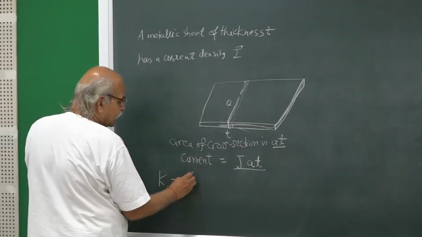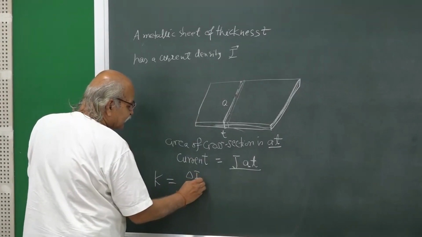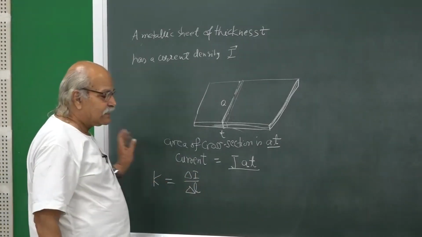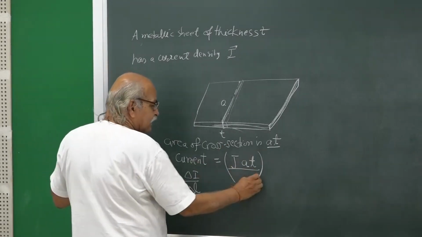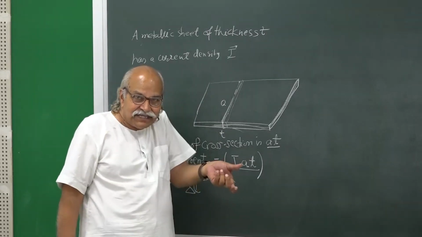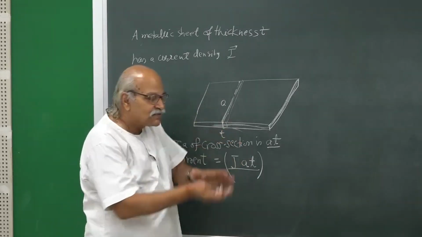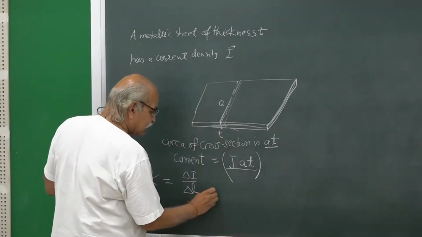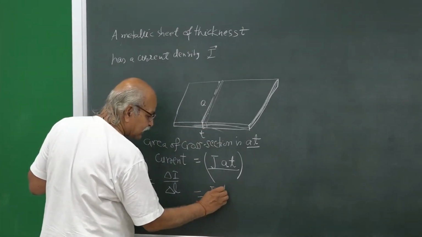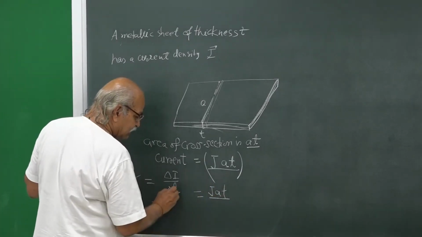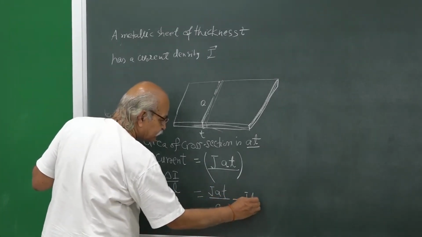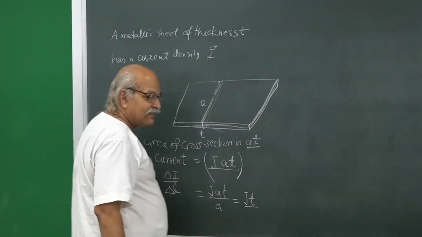K is the current which is crossing that length delta L. So that is the surface current, and this is the current crossing this length A, because T we are just squeezing it. Therefore this will be J into A into T, this is the current, and then divided by the length, which is A. So it is J times T.